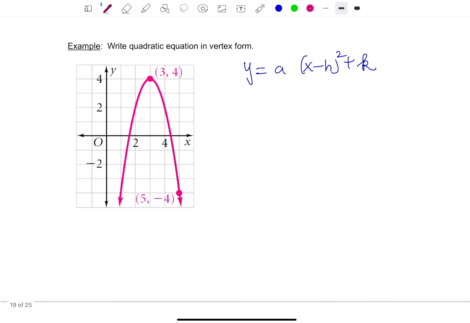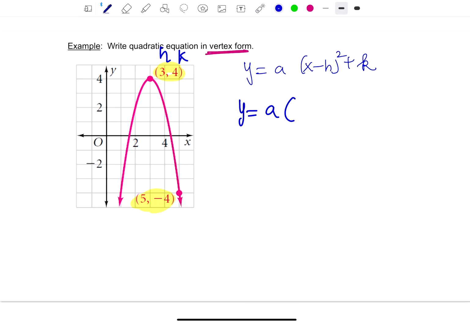Now we are given a graph, and we want to write the equation in the vertex form. We can clearly see the vertex 3, 4 here, so we can plug in h as 3 and k as 4. And we are also given another point on the graph which we can use to figure out the coefficient a. We know the a is going to be negative because this parabola is opening down.